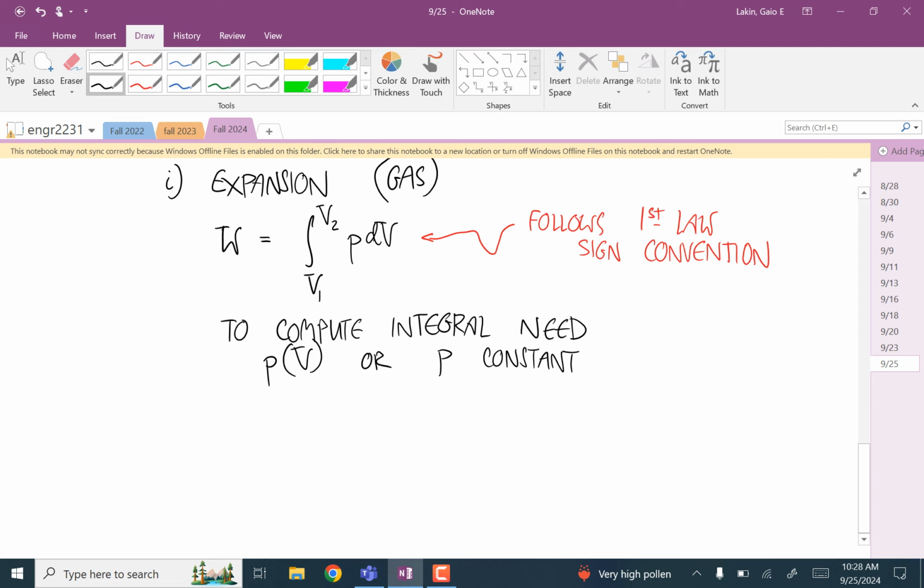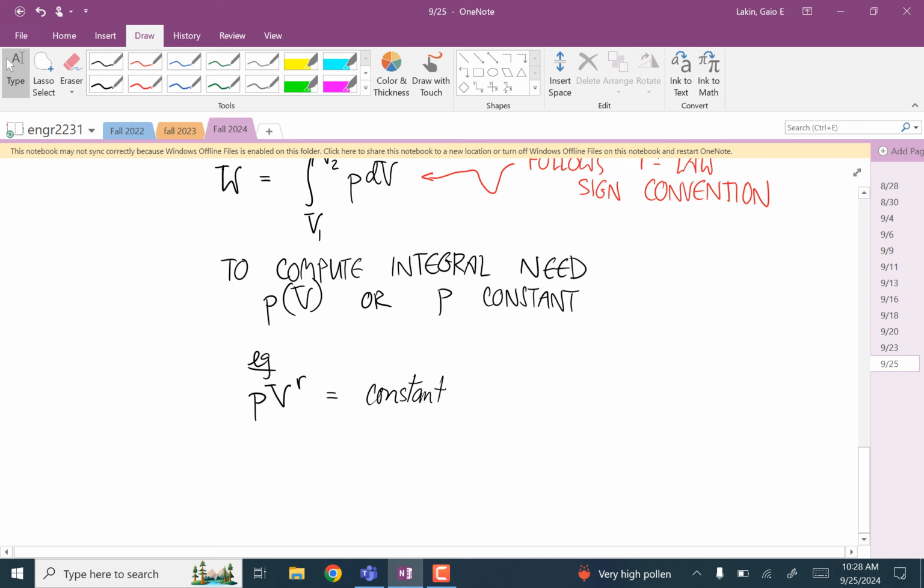If you're kind of lucky but a little unlucky, then you have something like this exponent relationship between pressure and volume. And you have to go through all the exponent and log rules and stuff to calculate what that function actually is.